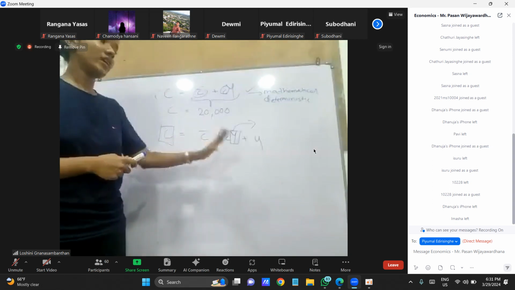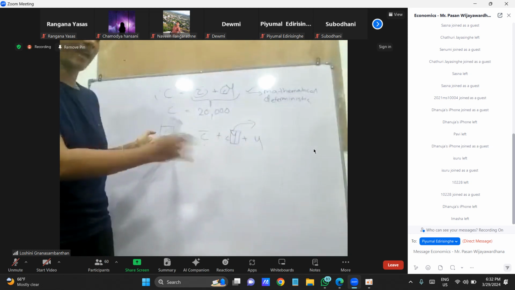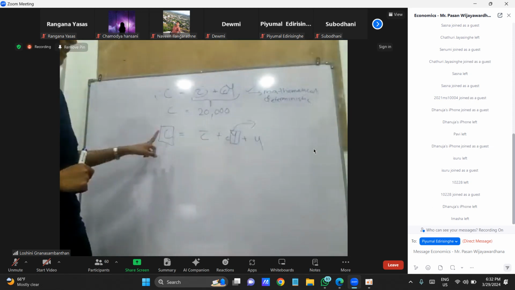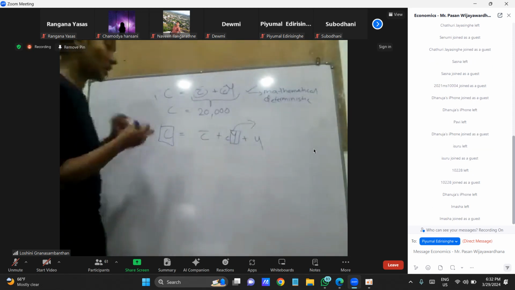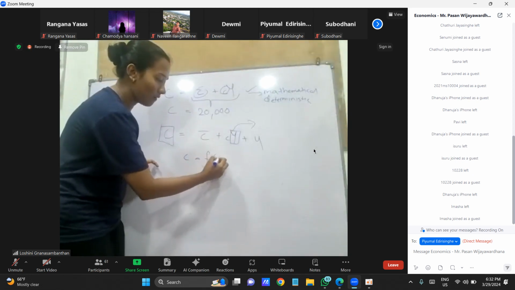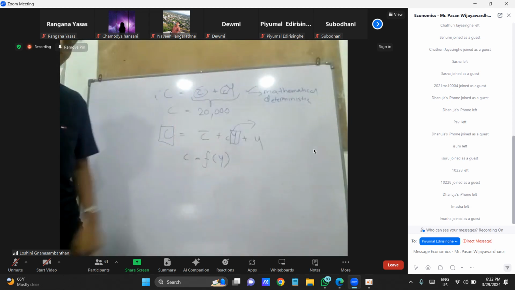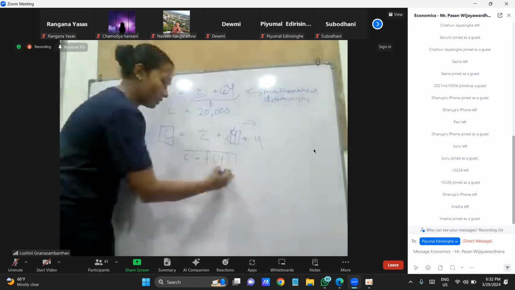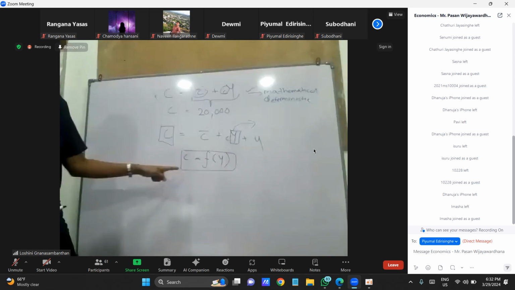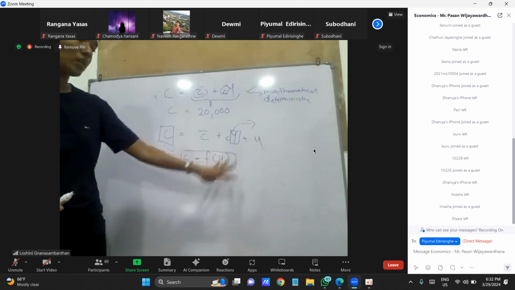A lot of things are affecting income, but in this model, Y is exogenous. In this model, C is endogenous. C, consumption, is a function of Y. Consumption is endogenous because it depends on Y.